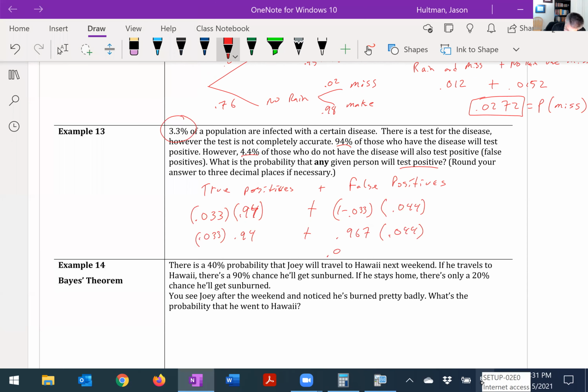So this is about a 7.4% chance of getting a positive test result.